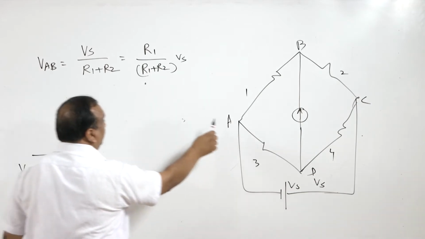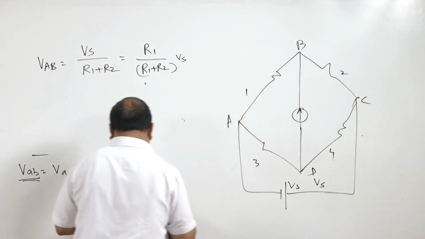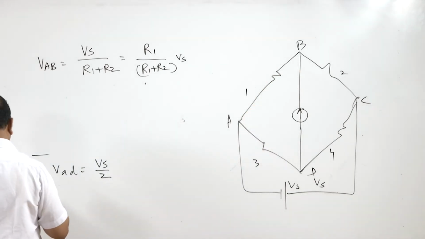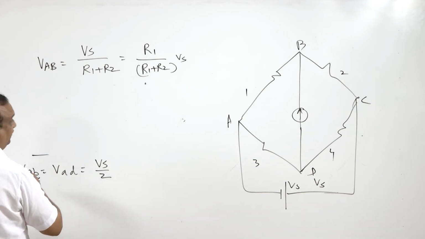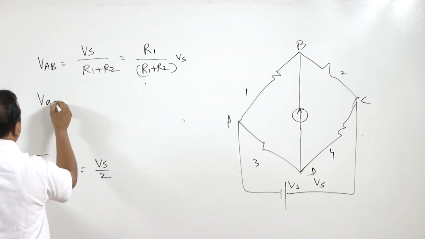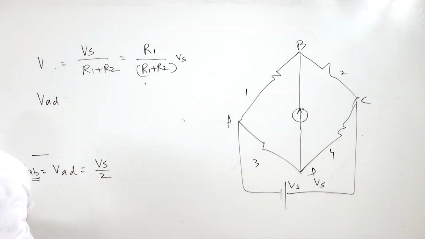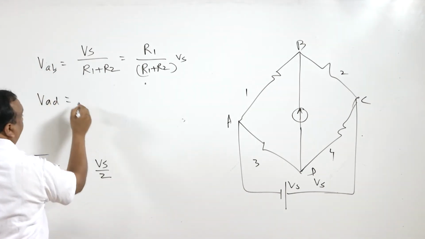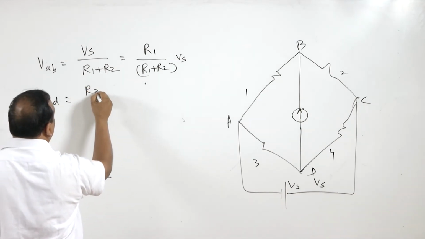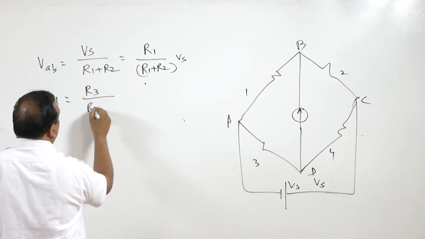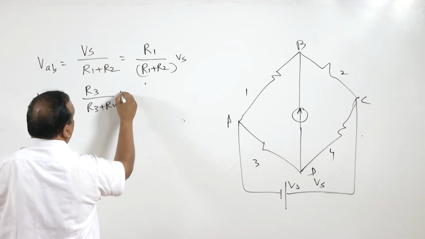So this is the potential difference VAB, and similarly we can also calculate AD. AD is equal to R3 divided by R3 plus R4 Vs.